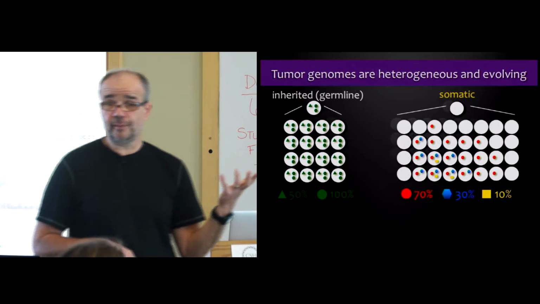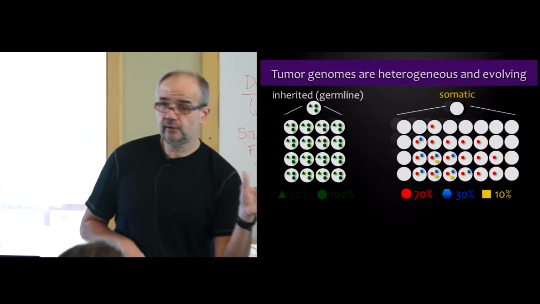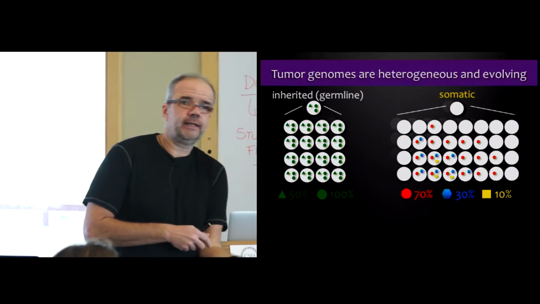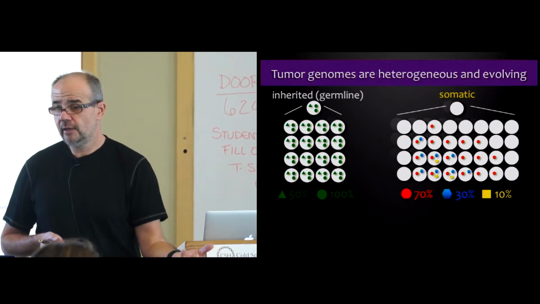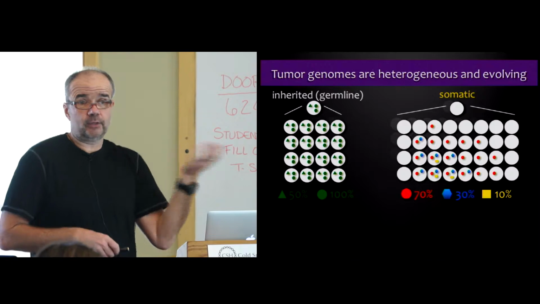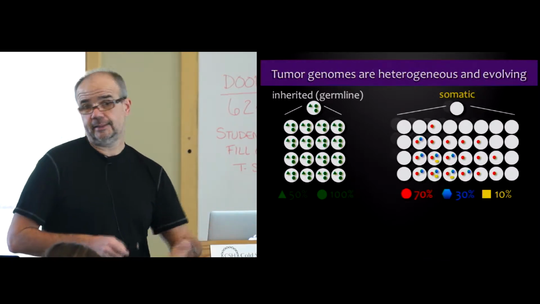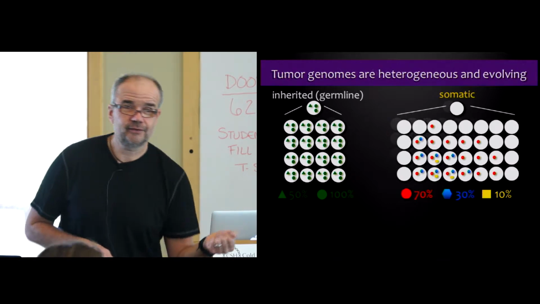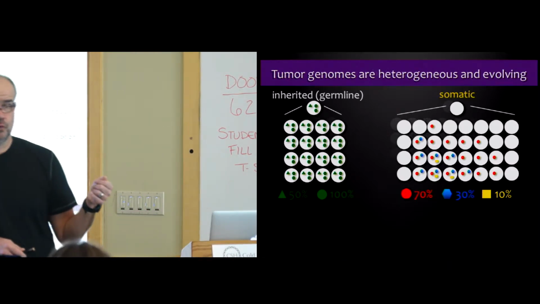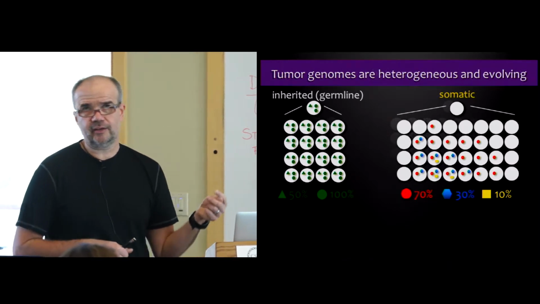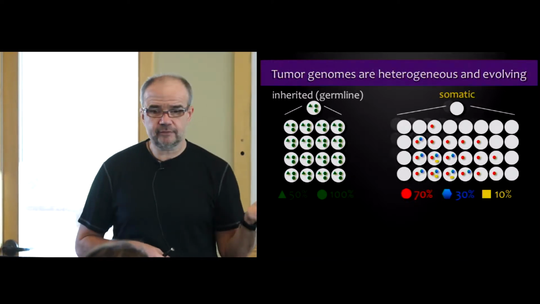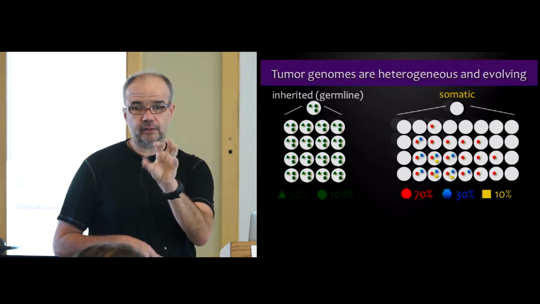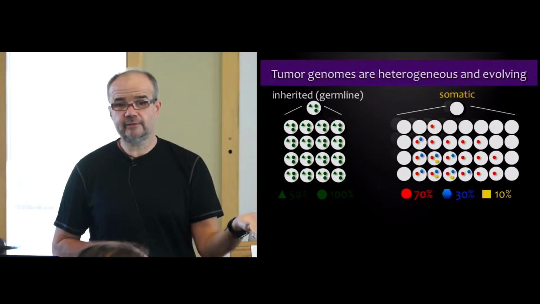As an aside, somatic mutations are not restricted to tumor cells, right? Every cell in our body has somatic mutations, but they're not as important until they do something undesirable, like become cancerous. There are also some conditions characterized by what's called somatic mosaicism, where a particular somatic mutation may be at high frequency, like, for example, port wine stain.